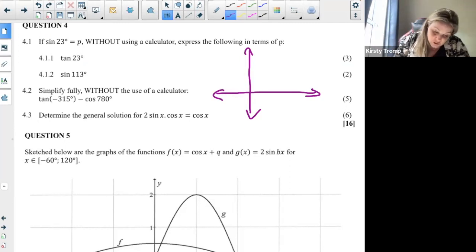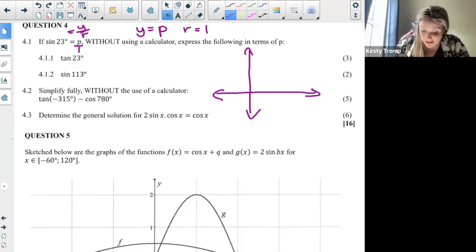So you guys would have remembered from June, if you were here in June, I like to use the "shade your rear, cos x rays, tan your exterior". I've got sine of 23 degrees. So sine is shade your rear, which means that so far I've got y is equal to p and r will be equal to 1.